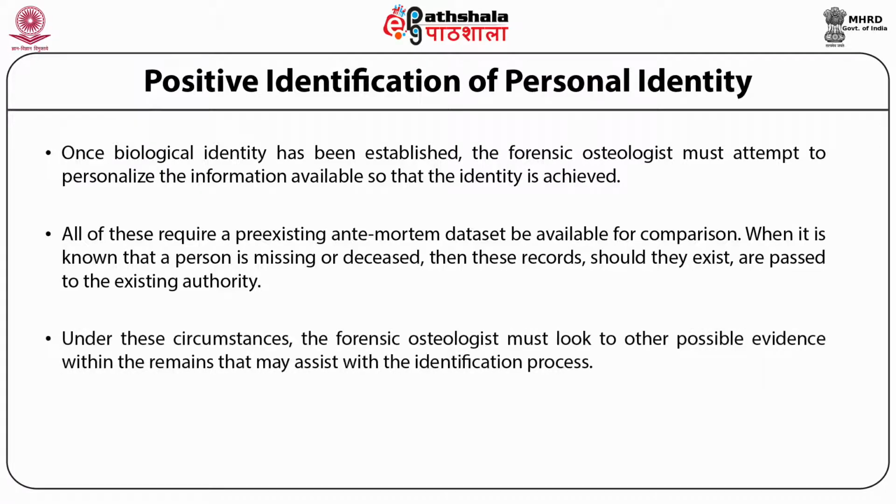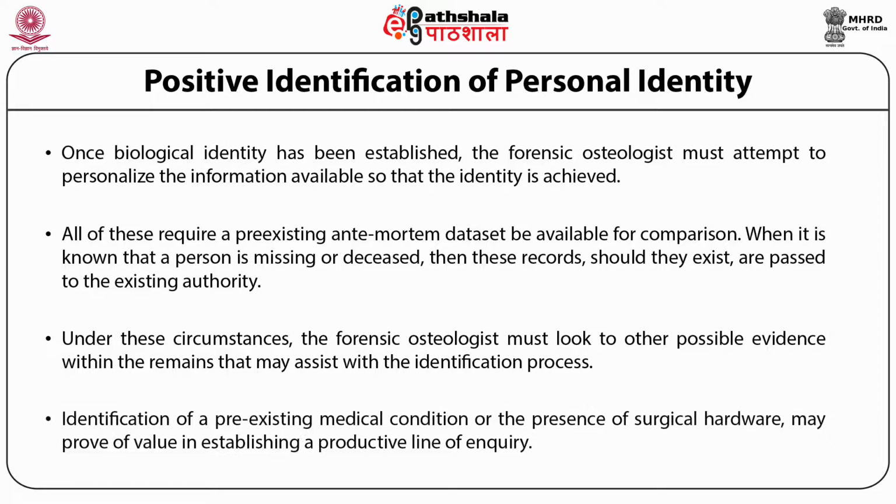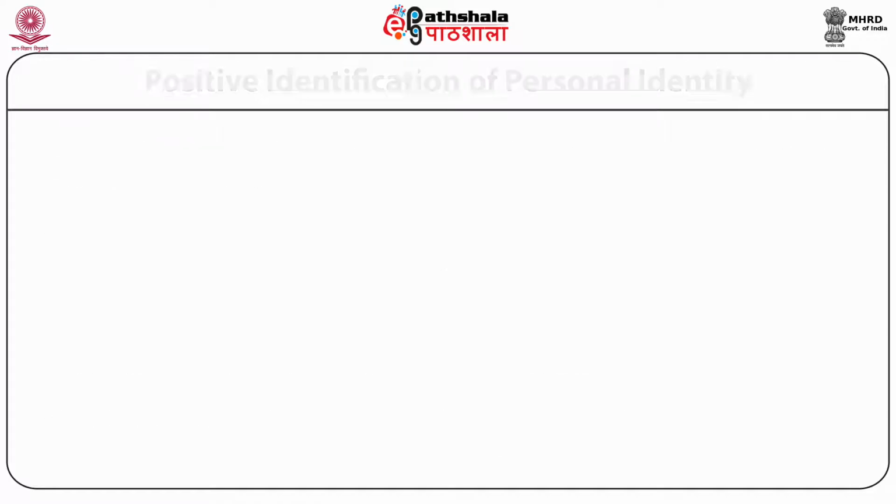Under these circumstances, the forensic osteologist must look to other possible evidence within the remains that may assist with the identification process. Identification of a pre-existing medical condition or the presence of surgical hardware may prove of value in establishing a productive line of inquiry.